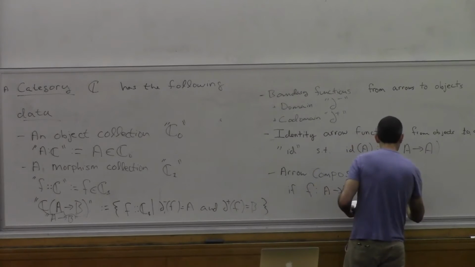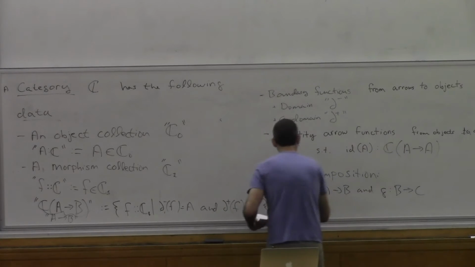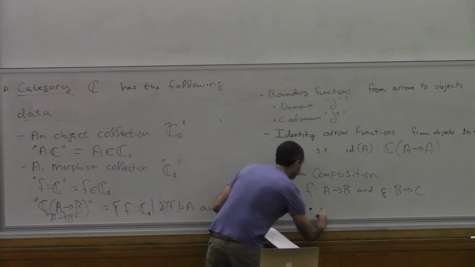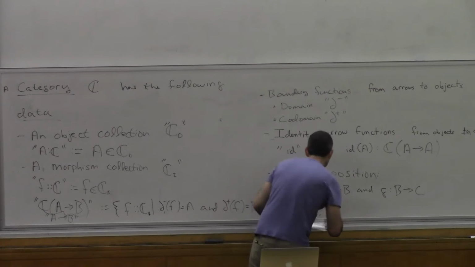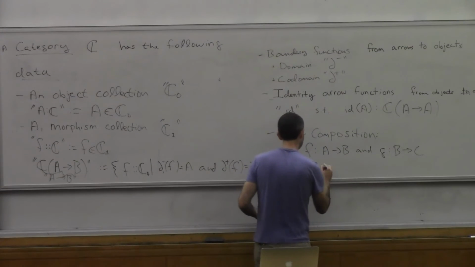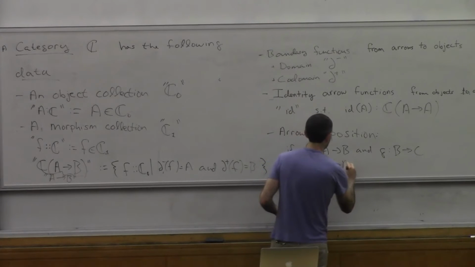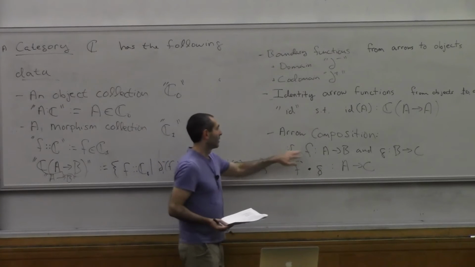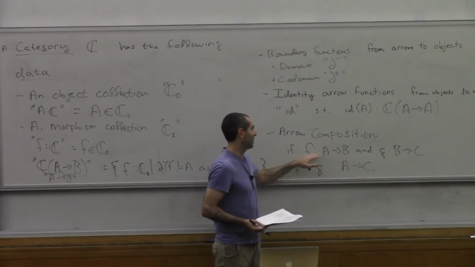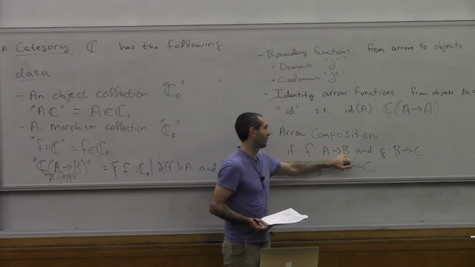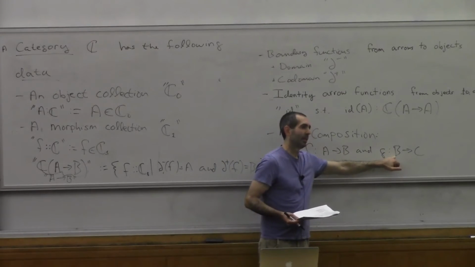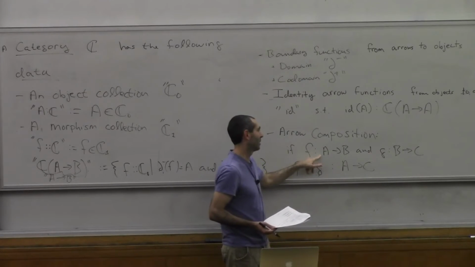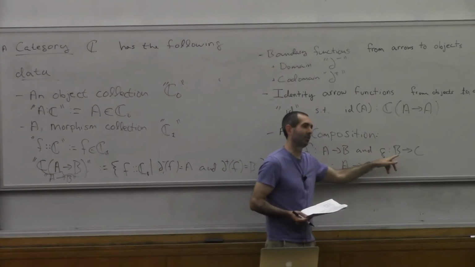and G is an arrow from B to C, then we have F composed, note this infix dot, G, which is an arrow from A to C. So if we want to be careful about this, the composition is defined on these two arrows just in case the codomain of the first is equal to the domain of the second, in which case they have a composite, and that composite has a domain that's the same as the domain of the first, and a codomain that's the same as the codomain of the second.